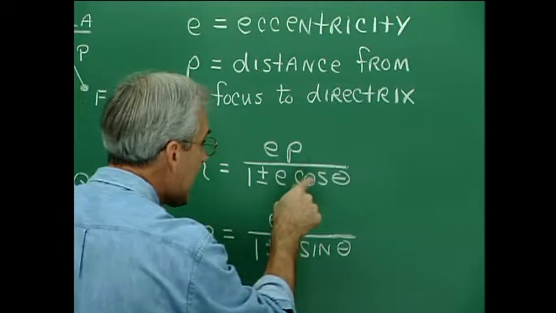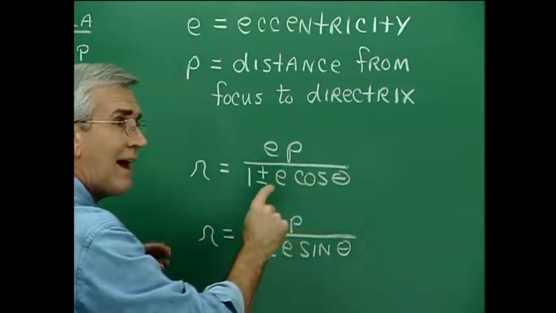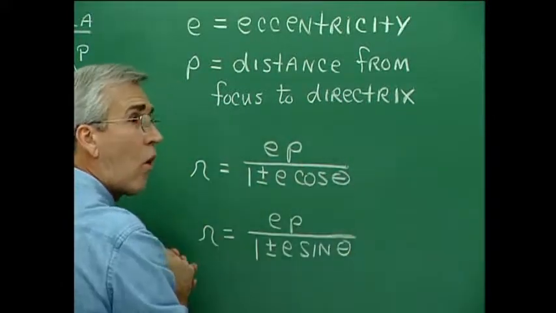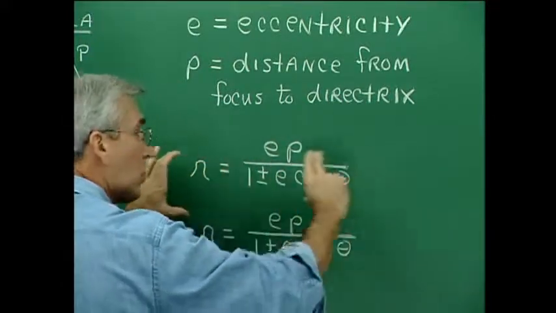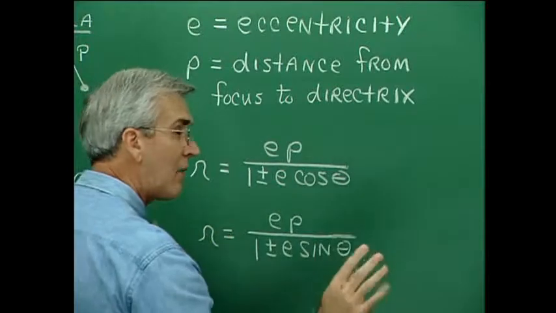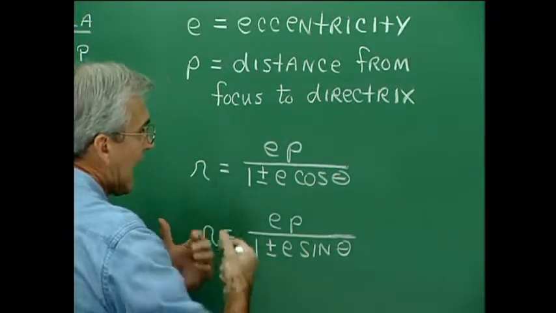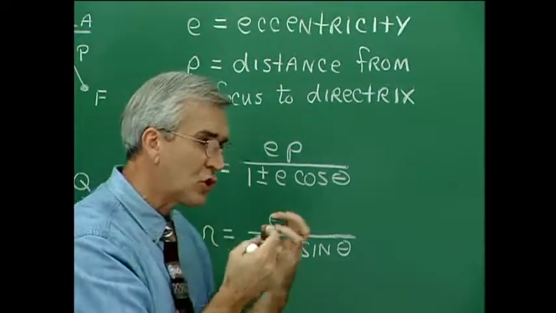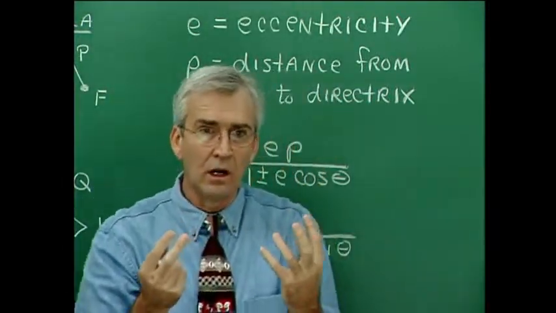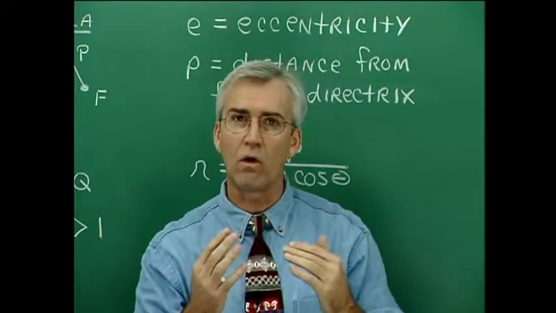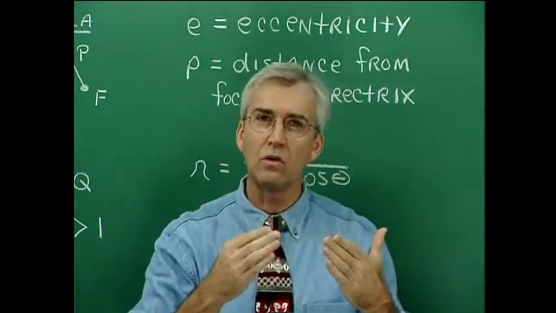Okay, if we have cosine, then we have a major axis or a transverse axis or an axis of symmetry that goes horizontally. Now, I'm thinking of it that way because the notion of cosine, remember when we talked about the exchange of rectangular x and y components in a polar form, that x was r cosine theta.